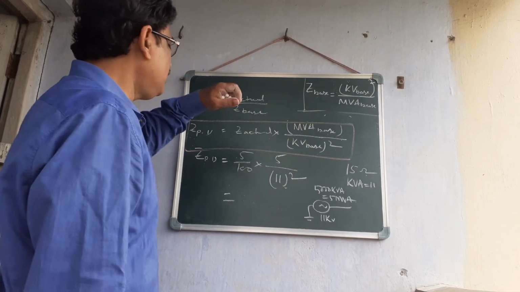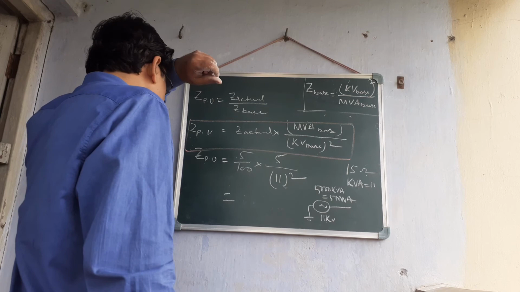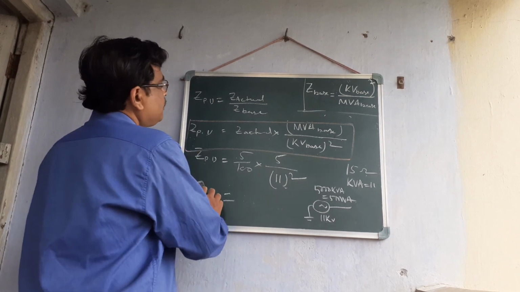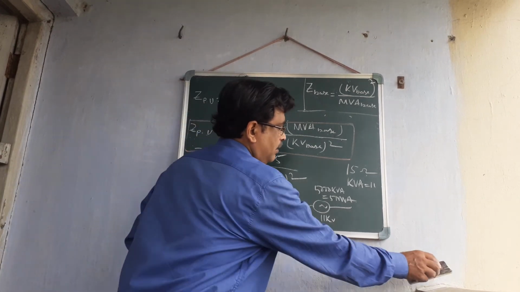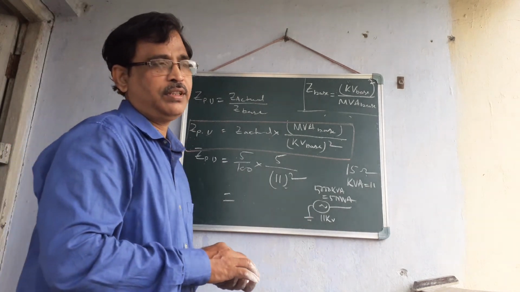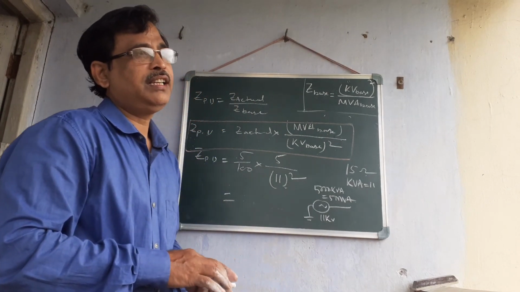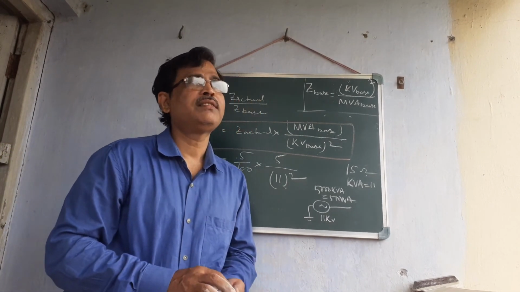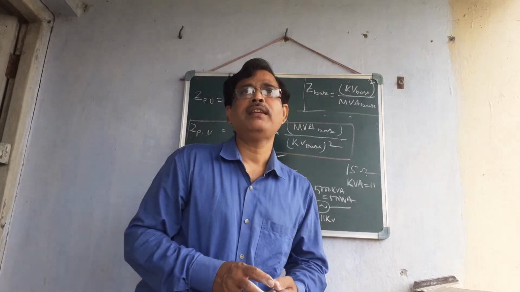So I think the per unit quantity is clear to you. Once again, the per unit system can be summarized like this.